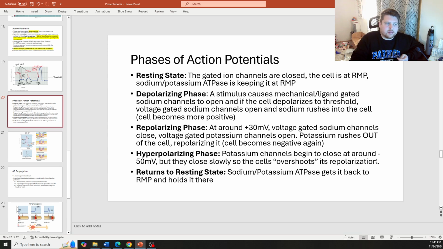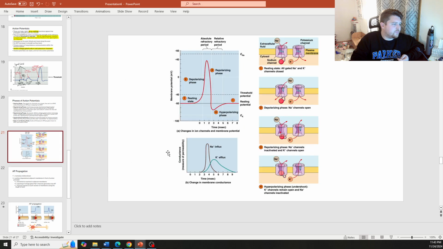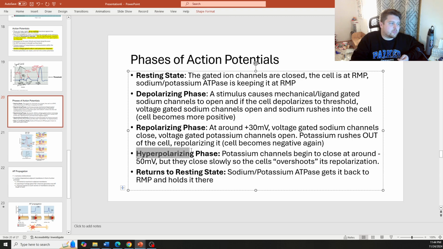Potassium channels start to close right around between threshold and resting potential. They start to close, but they close very slowly. So potassium is still leaking out, and we end up overshooting our resting membrane potential, and that's called hyperpolarization.